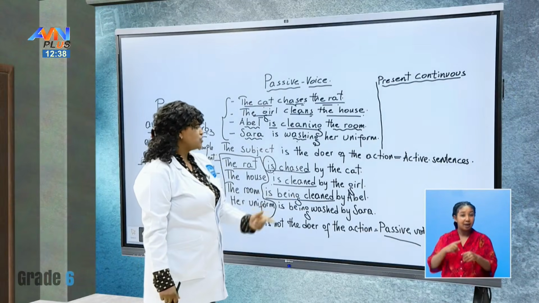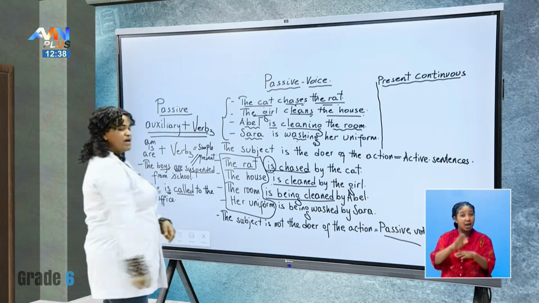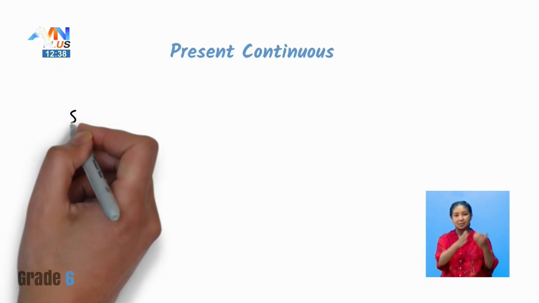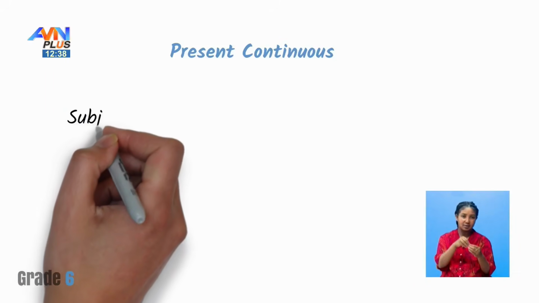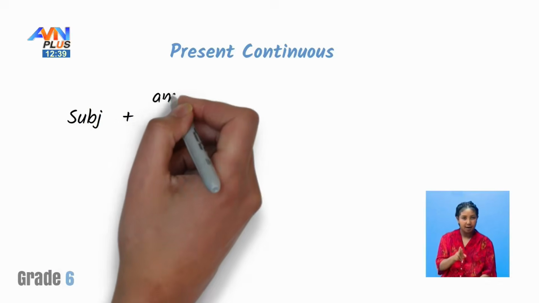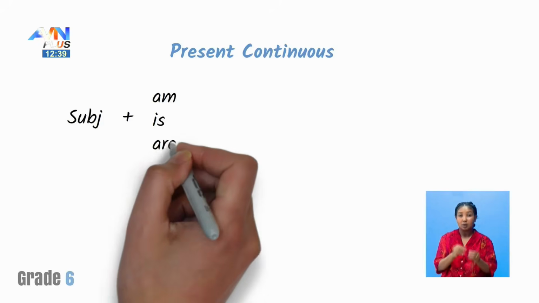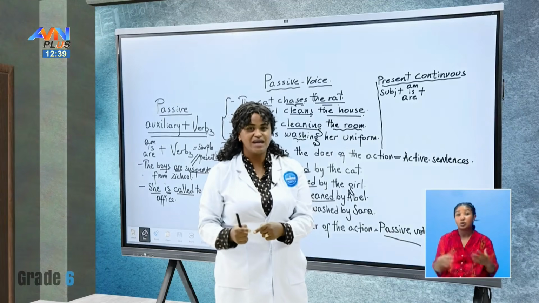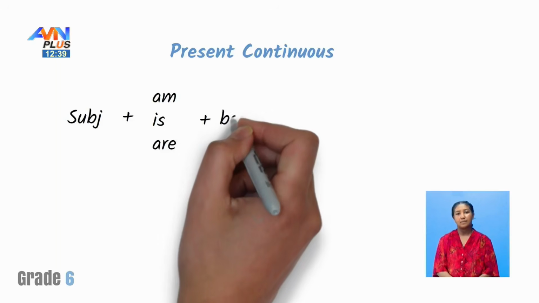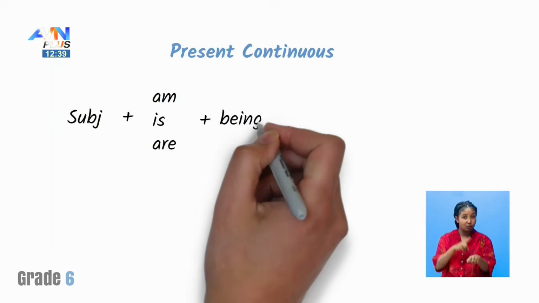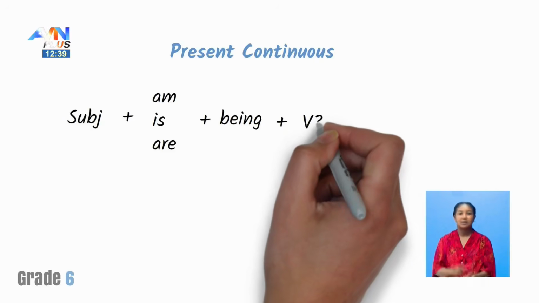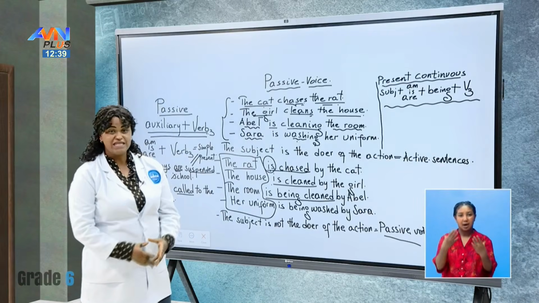But this time, in the case of passive, since we said that every verb in a passive sentence is verb 3, then the form is subject, plus the present auxiliaries is, are, plus, since it is continuous, in progress, then we need to add what? Being, okay? Being. Plus, as usual, our verb is verb 3, or what we call past participle. This is how we make passive present continuous.